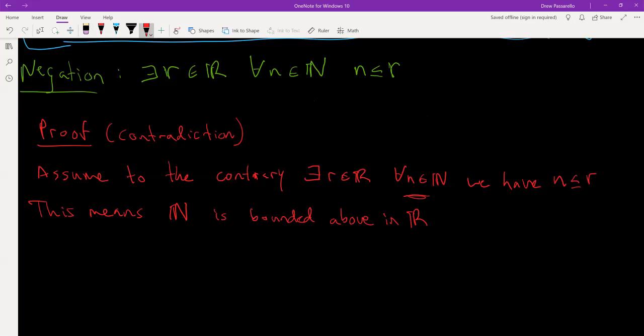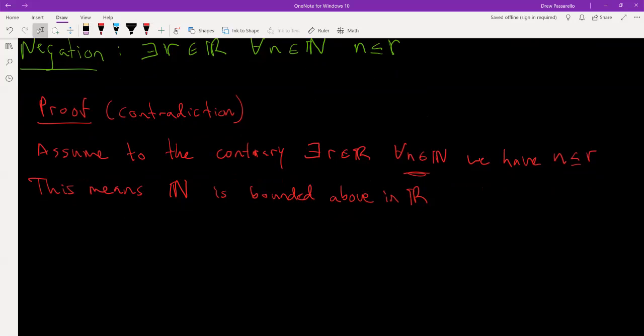All right, so I'm going to let U be the supremum of the natural numbers, and we know that exists by the completeness axiom. Since the natural numbers in this contradiction proof are bounded above, we know that if it is bounded above, it has a supremum that exists in the real numbers. So this supremum U is an element of the reals by the completeness, or least upper bound, property.